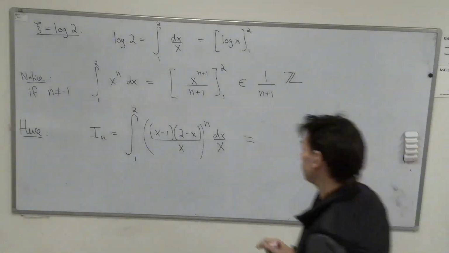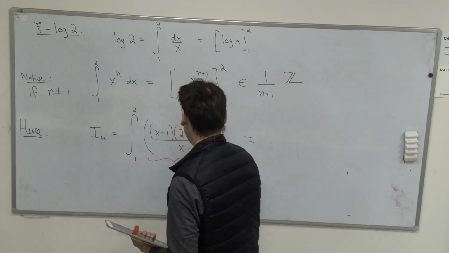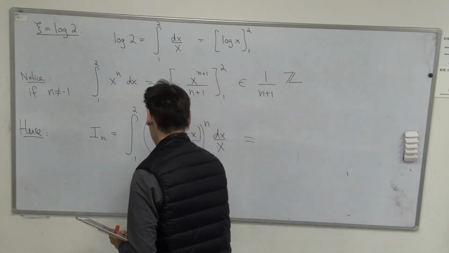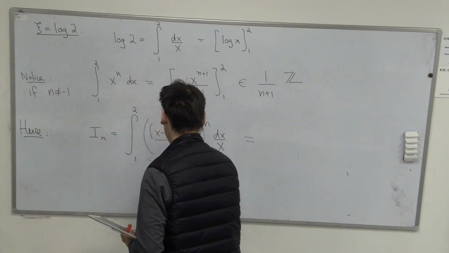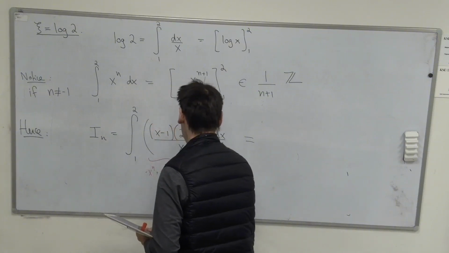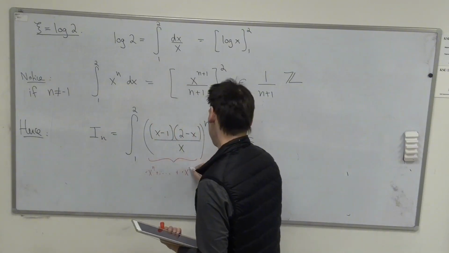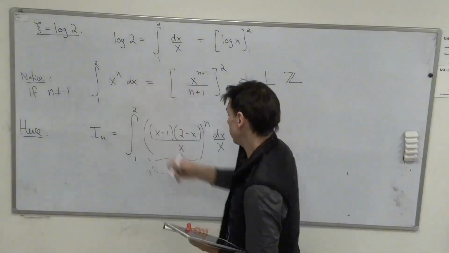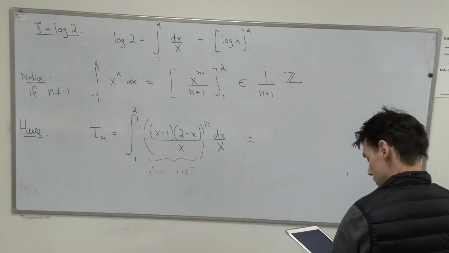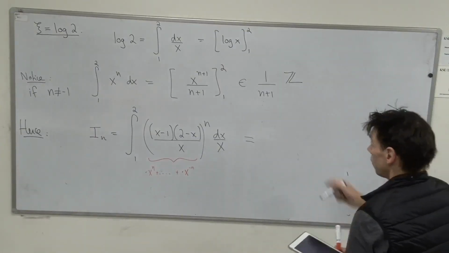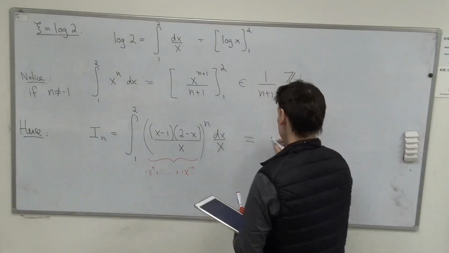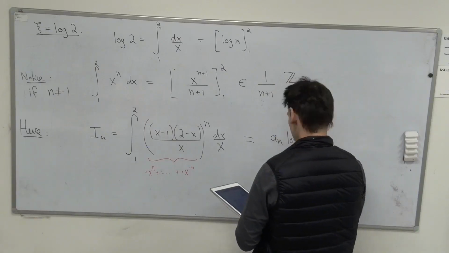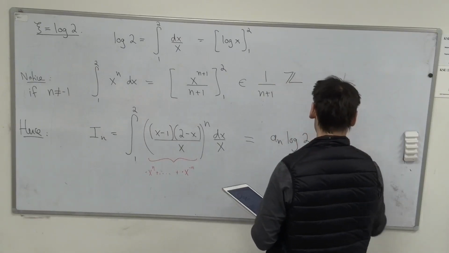That's better. So if you multiply this out, the highest power will be x to the 2n, so there'll be something times x to the n plus dot dot dot plus something times x to the minus n. So it's a linear combination of integrals of this type. And so by using this and this identity, we get that it's an log 2 plus bn.